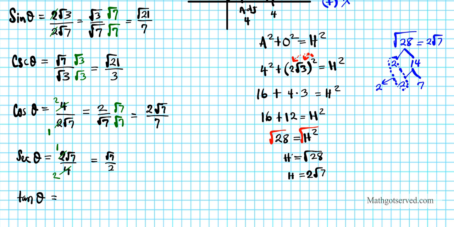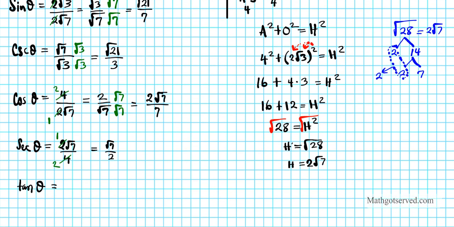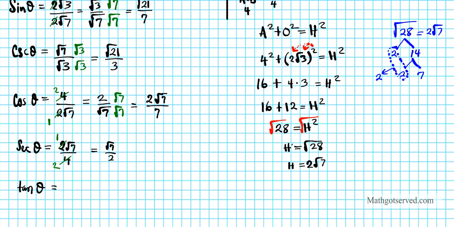If we look at our triangle, the opposite is 2 root 3, adjacent is 4. So tan is going to be 2 root 3 divided by 4. Divide the numerator and the denominator by 2 since it's common. 2 goes here 1, 2 goes here 2. So that gives us root 3 over 2.